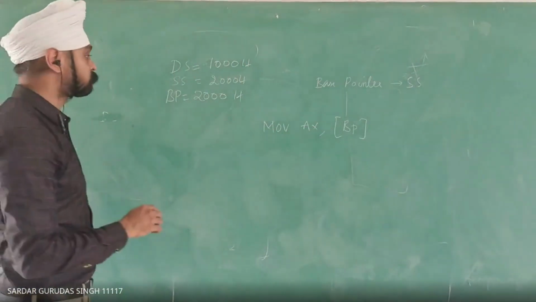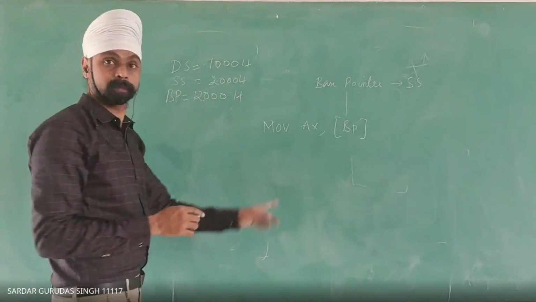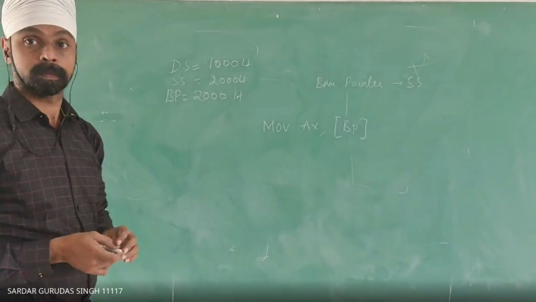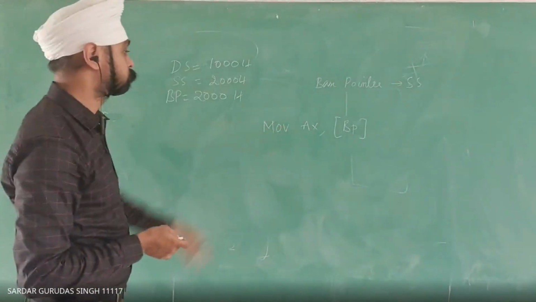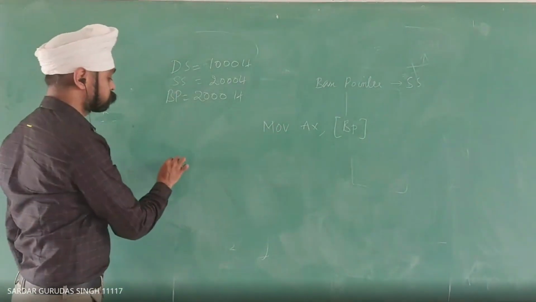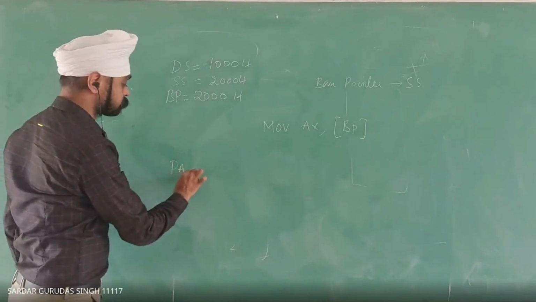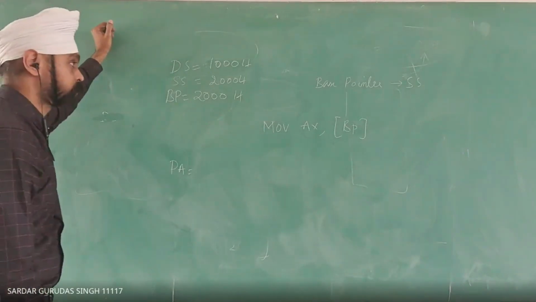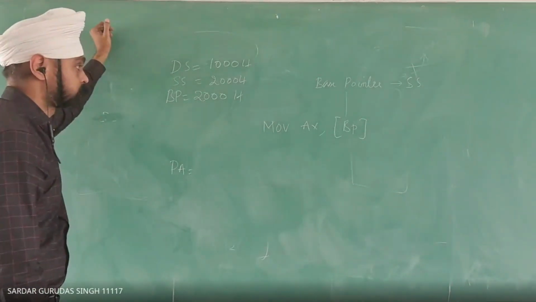What will be your answer? How will you calculate? First you need to calculate the physical address. What is the physical address? One two zero zero zero.